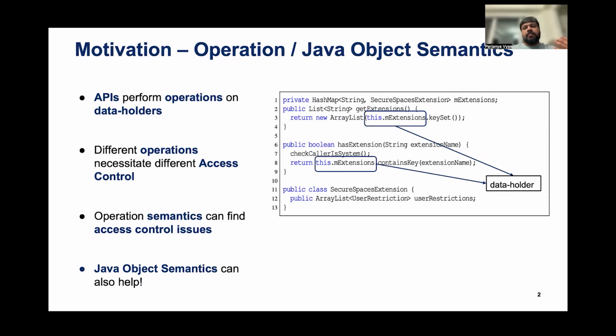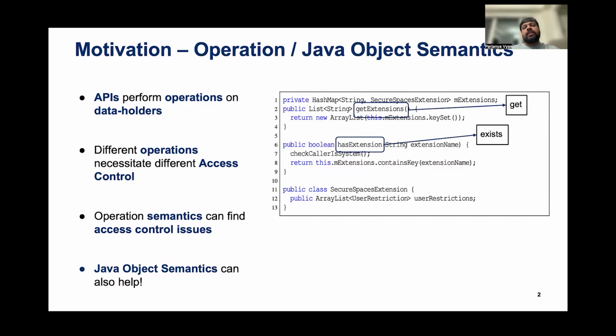Typically, the APIs perform operations on these data holder variables to either extract or modify this state information. Here, the first API, get extensions, is a getter, whereas the second API, has extensions, checks for the existence of a key within this data holder.